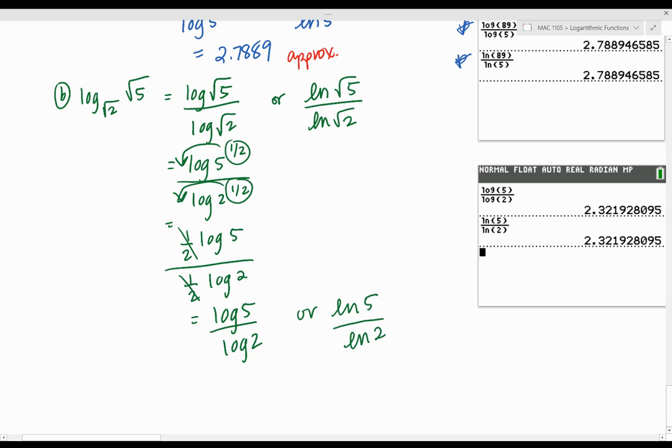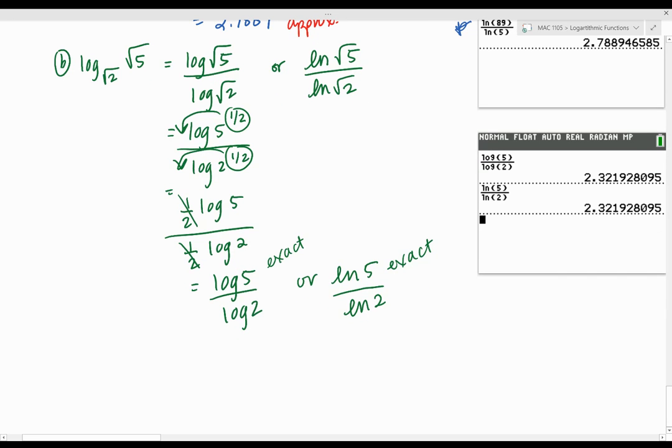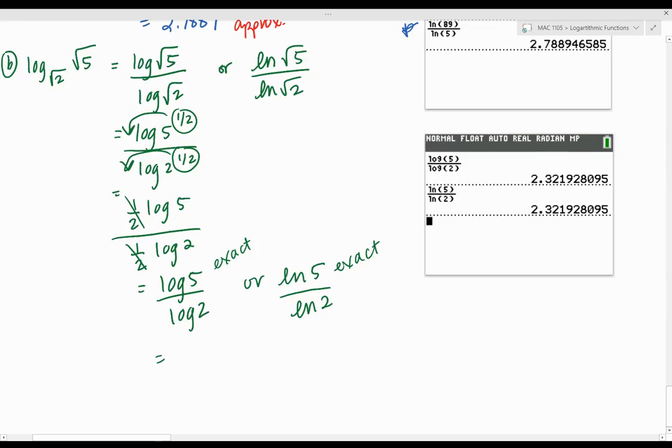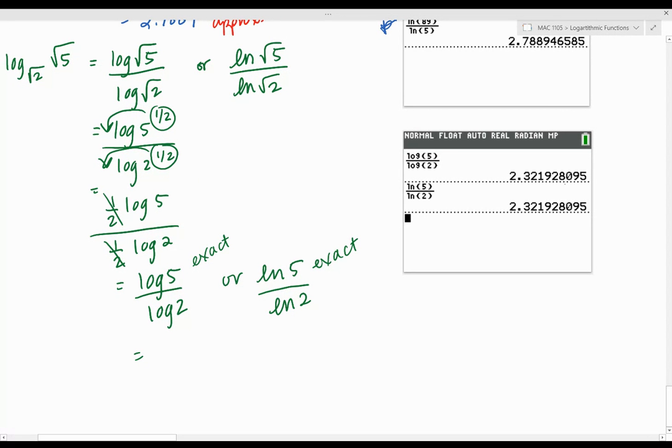So remember, if they want the exact answer, you would give them either one of these. But if they ask for the approximation, you give them the decimal. So when we plug it in the calculator, our decimal turns out to be 2.3219. That's the approximation.